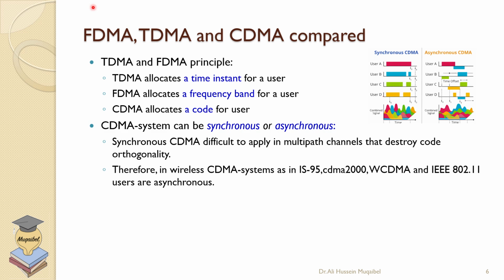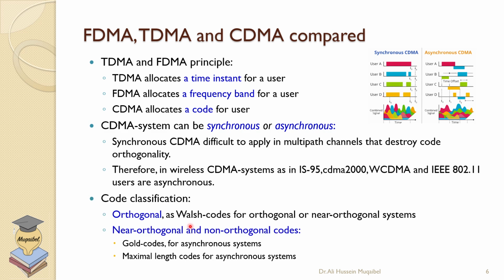Once there is a shift or multipath, this orthogonality could be destroyed. There might be some similarity once we have a shift. Therefore, in wideband CDMA, as in IS-95, CDMA2000, and IEEE 802.11, users are asynchronous, which means we cannot guarantee that the data will be received at the same time.